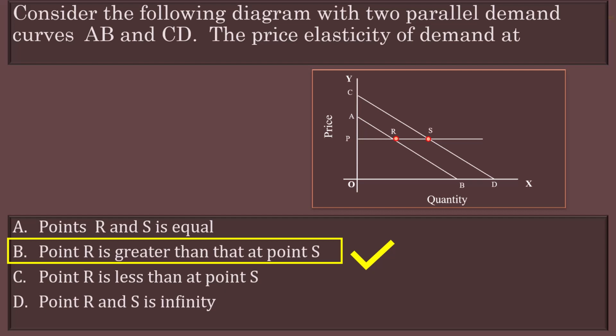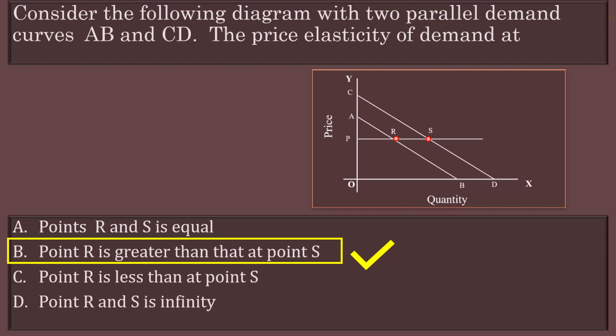Assume the value between AR is 2 and the value between RB is 6. Lower segment 6, upper segment 2, 6 by 2, 3. That is the elasticity. 3 is the elasticity value at R.